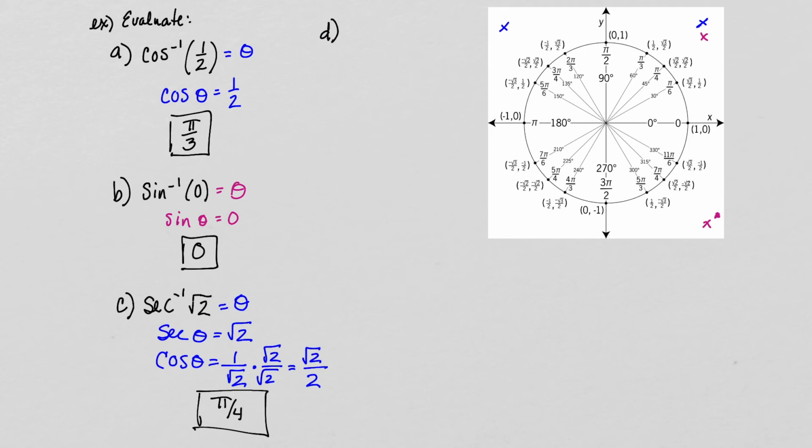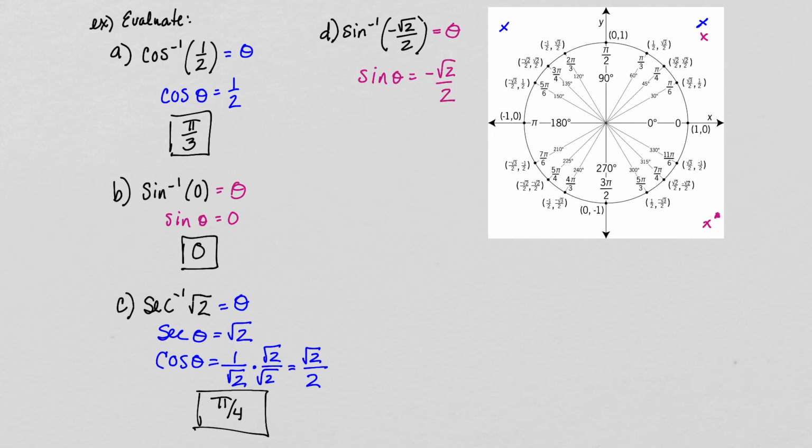So D, what about the inverse sine of minus root 2 over 2? So again, if this is equal to some angle theta, we're saying that the sine of theta is equal to minus root 2 over 2.